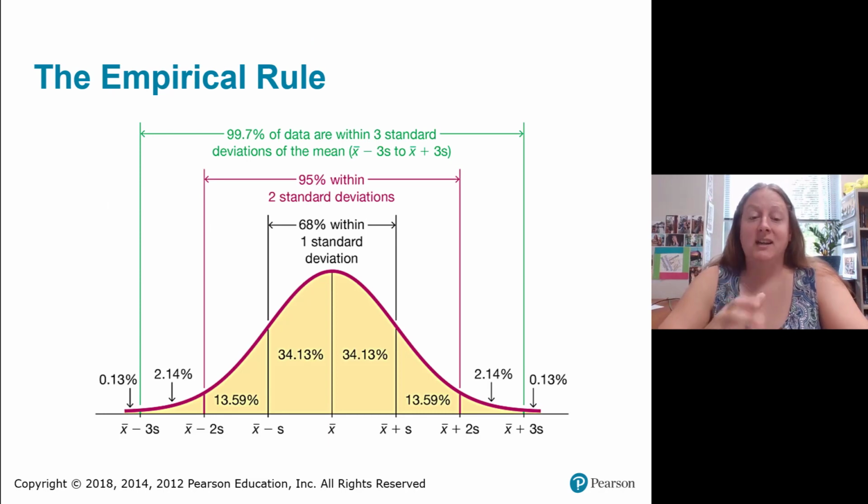So visually, this is what that looks like. We have our mean shown there as x bar, and we have 1, 2, and 3 standard deviations marked out.